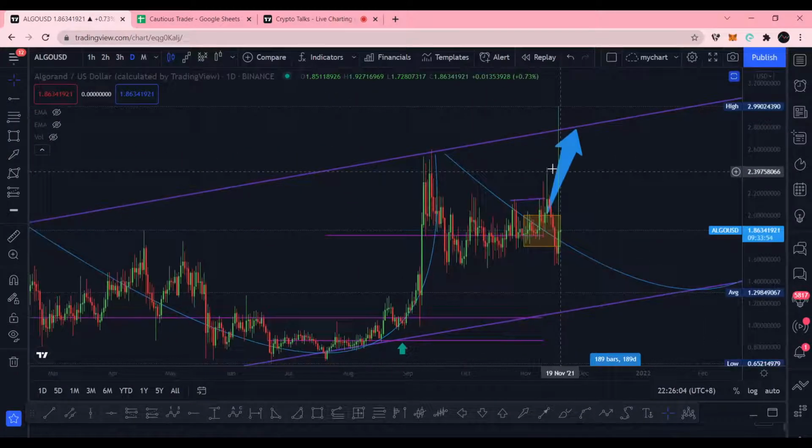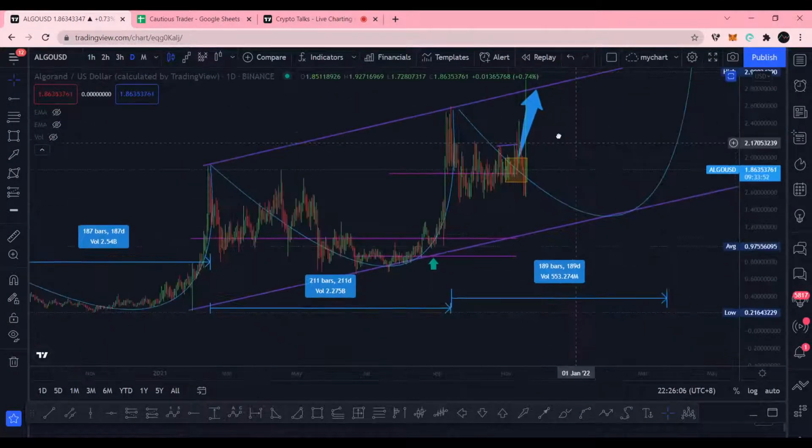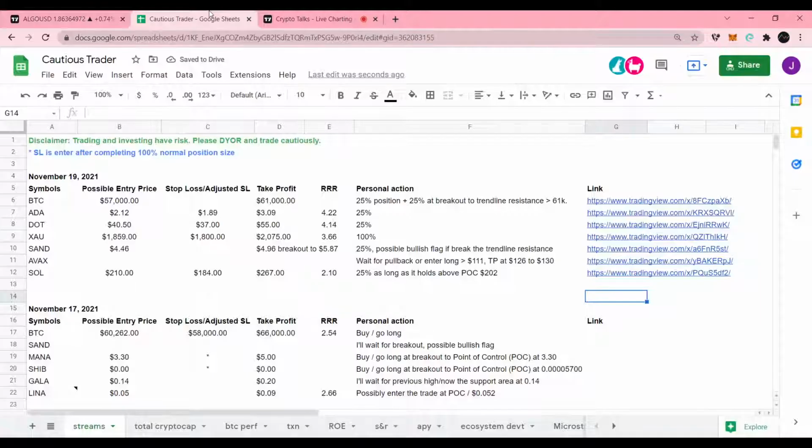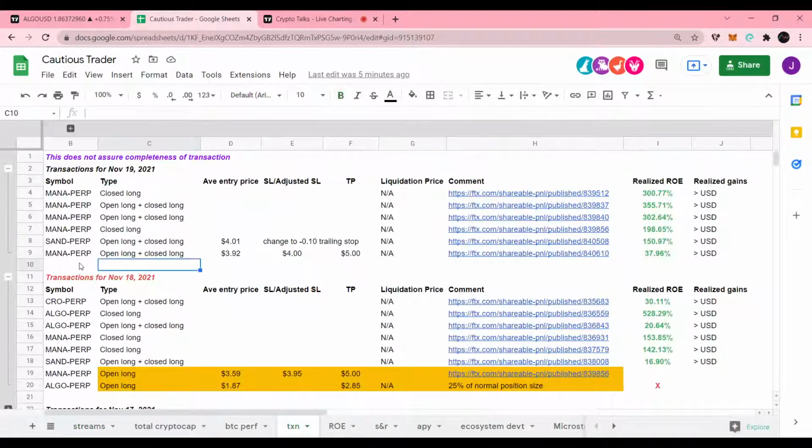Oh, this is the previous one that we have used. Though it looks messy, but where is it? Where is my transactions? Oh, I think it's not included here, but I posted it somewhere in my channel.